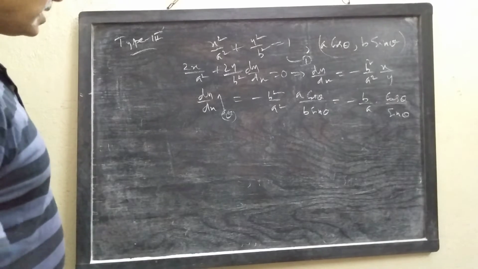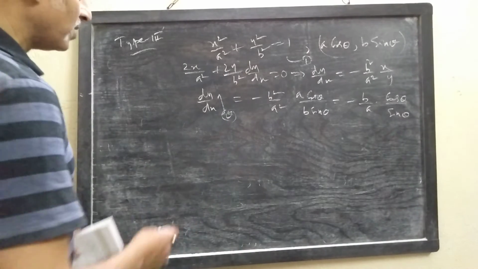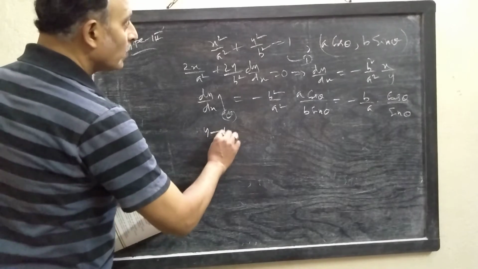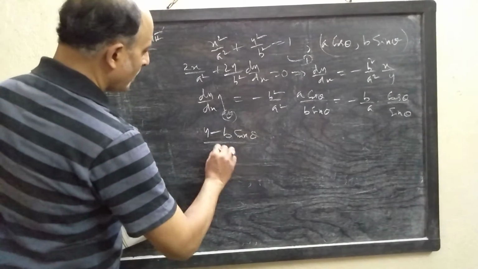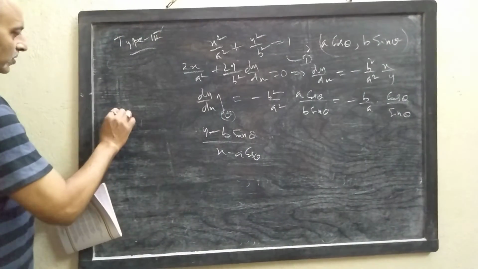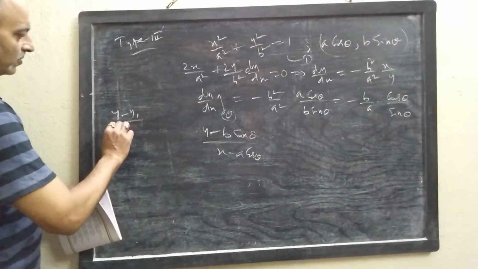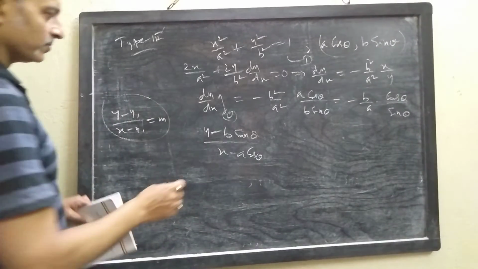So now the equation of the tangent to the curve at the specified point will be (y minus b sin theta) by (x minus a cos theta). I think you have the formula in your memory; this is the point slope form.